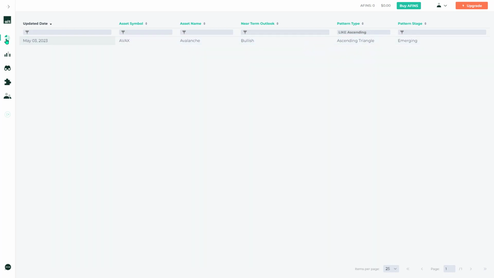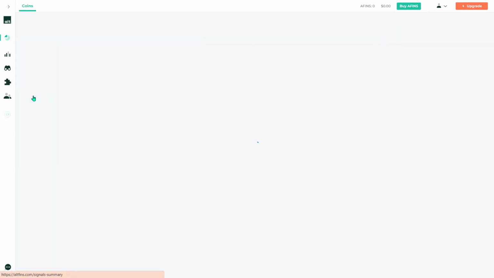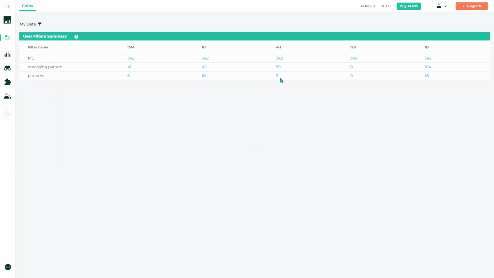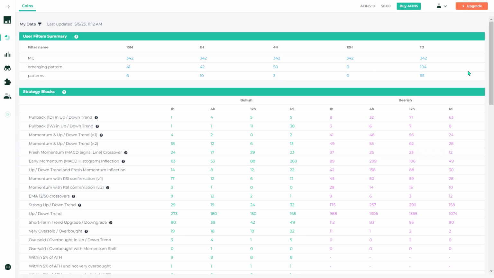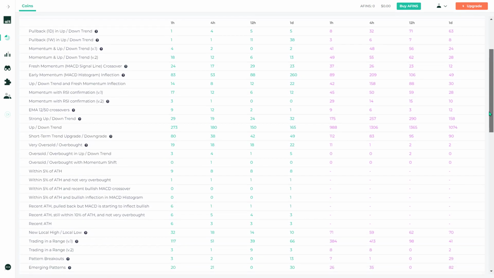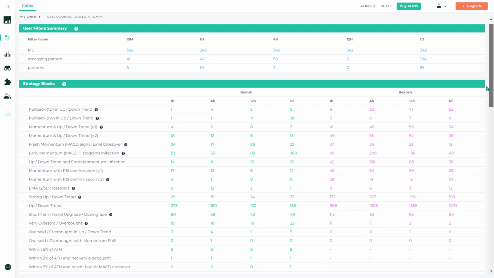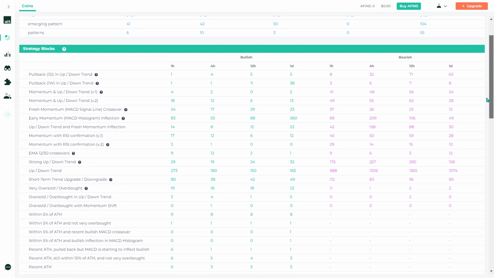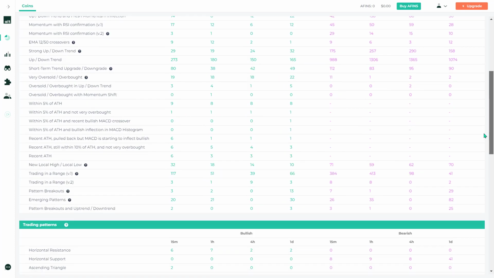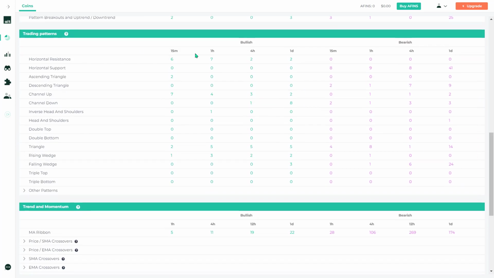Another place where you can find patterns would be under the signal summary. Here we have various strategy or trade setup and market filters that are predefined and preset for you. We have one section called trading patterns. Here you can see what type of patterns we have detected across the market, and how many of those are trading in such a pattern.